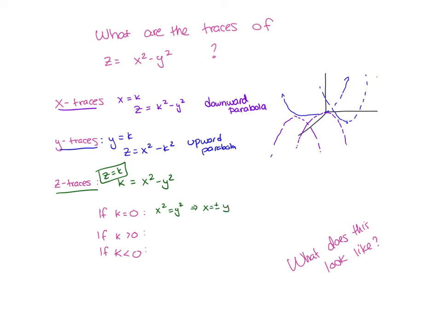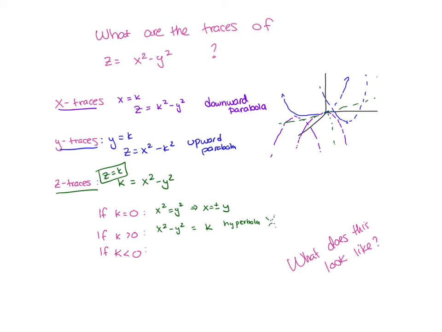So I should see those straight lines, x equals y and x equals minus y. When k is greater than 0, then I'm going to see this x squared minus y squared is equal to that positive number. So that's going to be that hyperbola. And it's that x hyperbola, so it's going to kind of be like this.